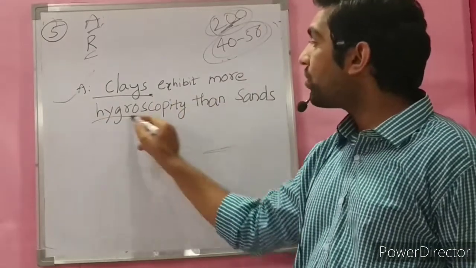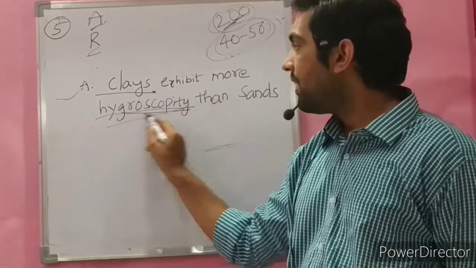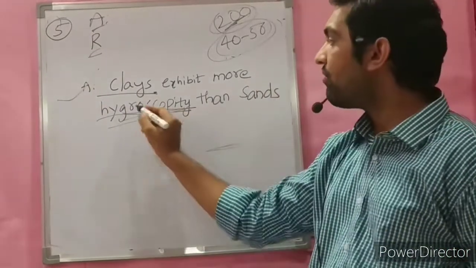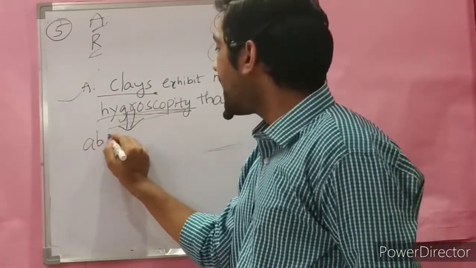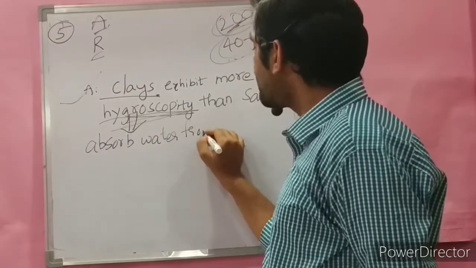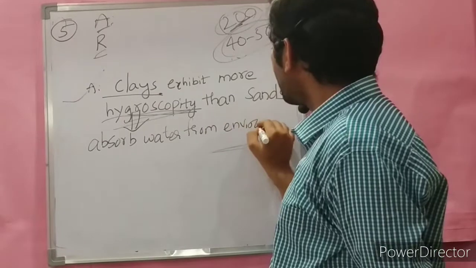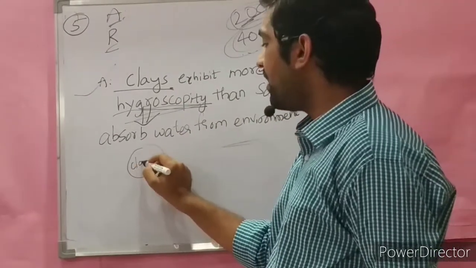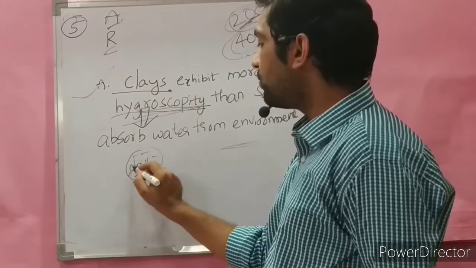They exhibit more hygroscopicity. Hygroscopic means absorbing water from the environment. So they absorb water and form a thin film having a negative charge.